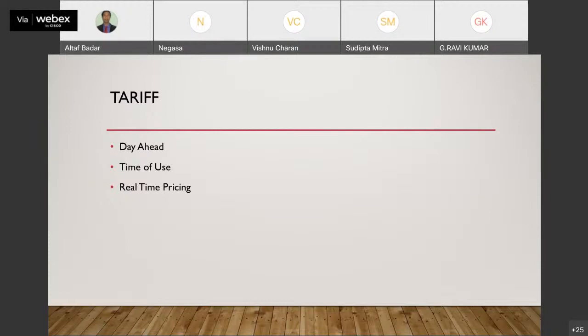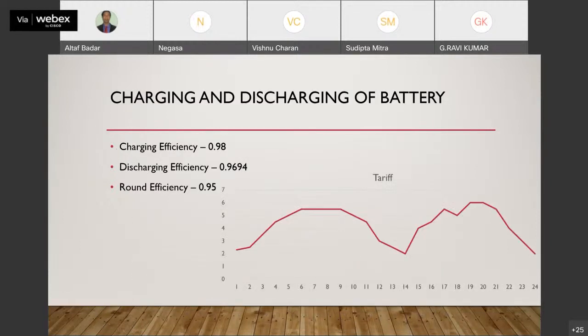In day ahead, we provide some slabs, so the electricity price will change only on those slab rates. It will not have any random rates. But in real time pricing, you can have different kinds of pricing. It can vary by a lot. So now in the previous slide, what we saw here is an example of real time pricing.